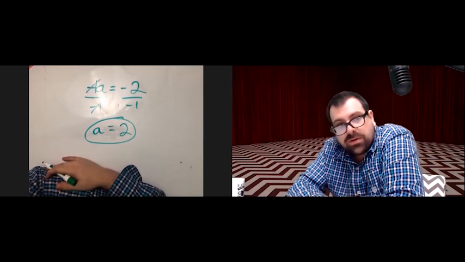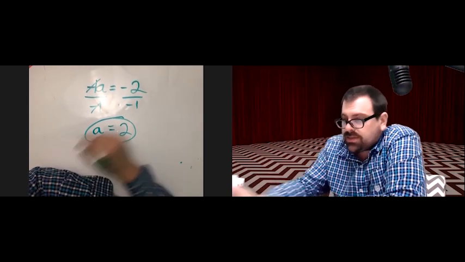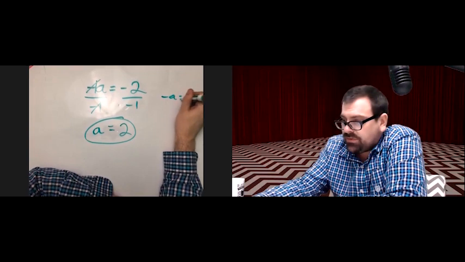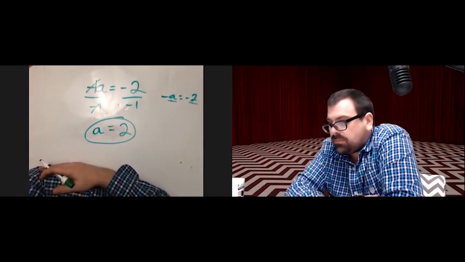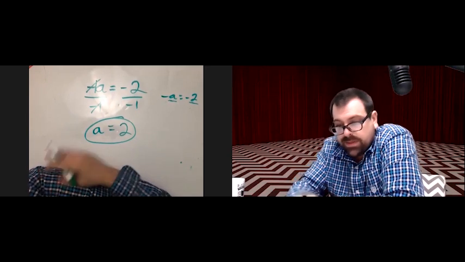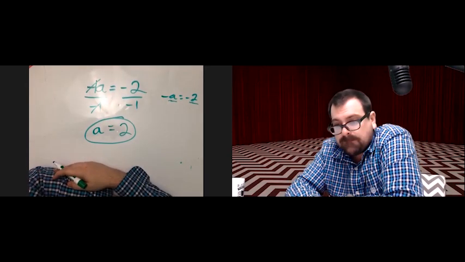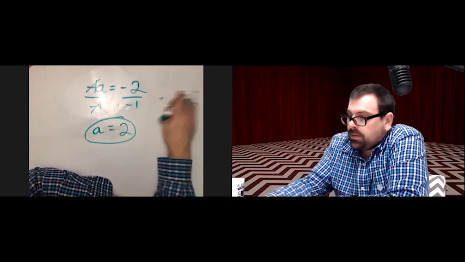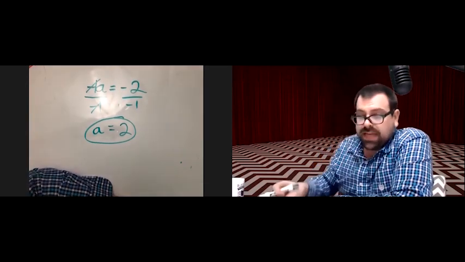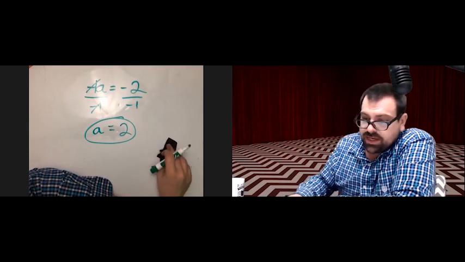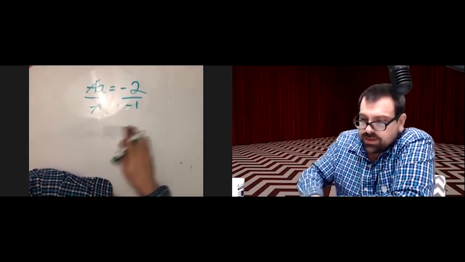That's another one of those. Well, that seemed obvious. If the opposite of a is -2, a must be 2. Absolutely. This is why. So you can take the opposite of both sides in a situation like this.